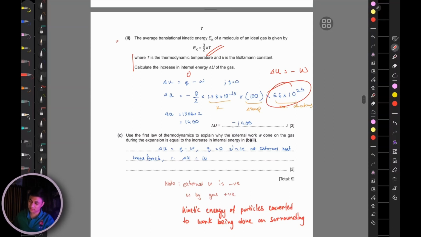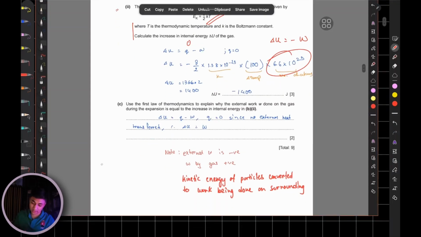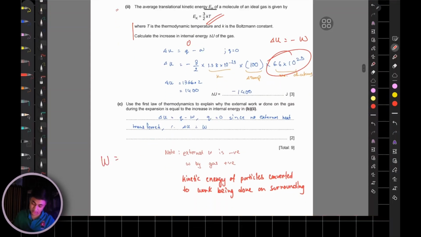Negative sign because it's not exactly an increase, it's a decrease, but in terms of increase, it's going to be negative because in reality, it's decreasing. Anyways, they're asking use the first law of thermodynamics to explain why the external work done, W, is equal to the change in internal energy.